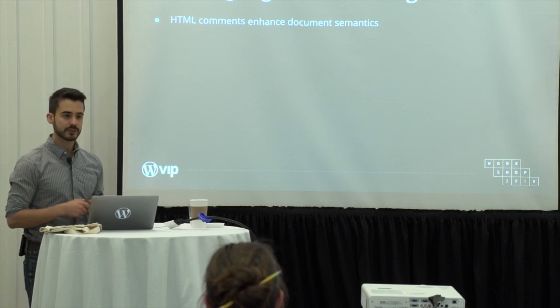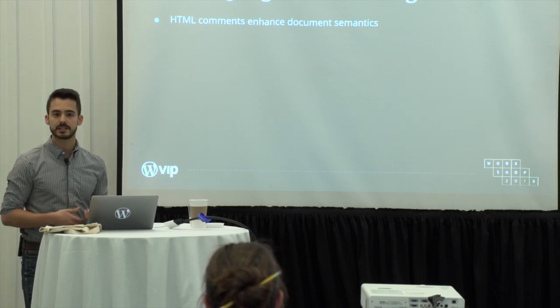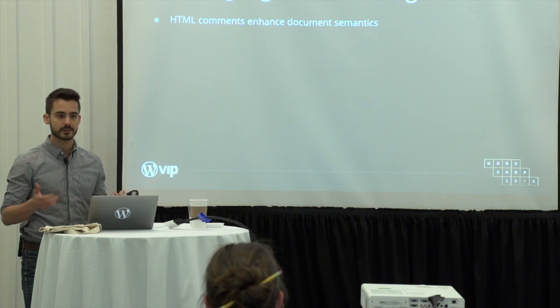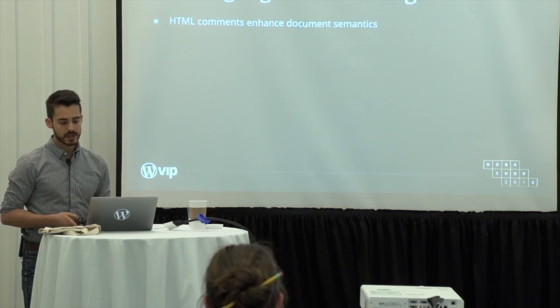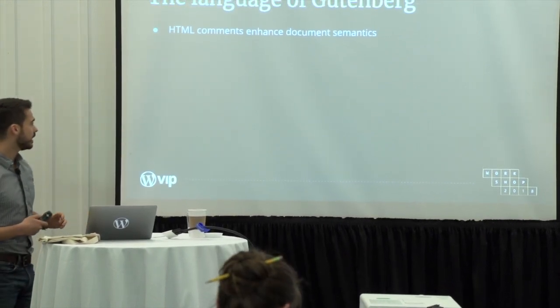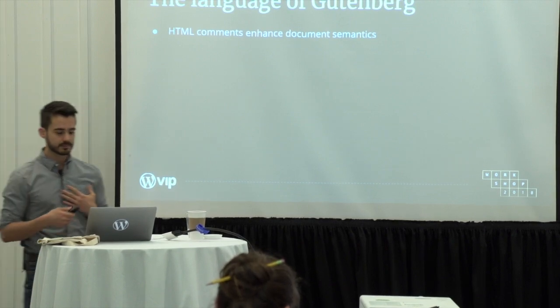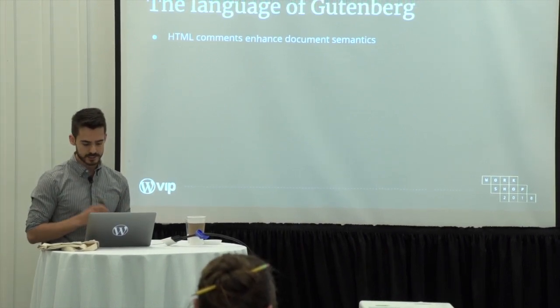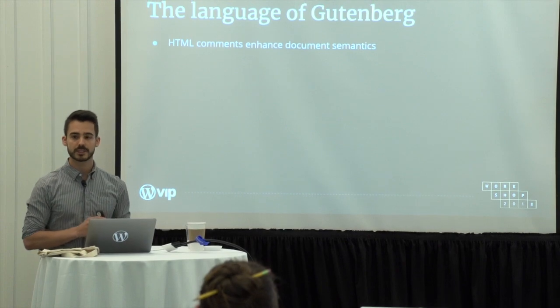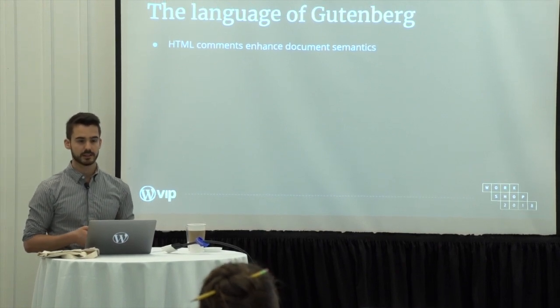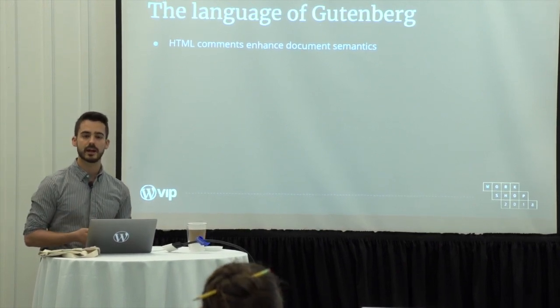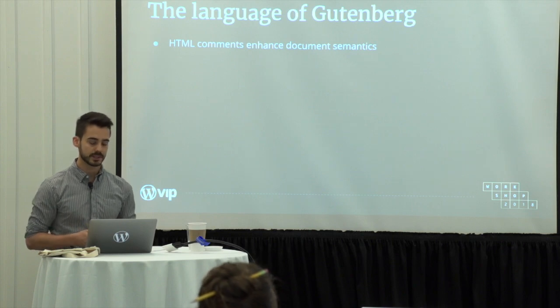Now, this is a trivial example, and the markings may seem frivolous. A P is obviously a paragraph, a quote is a quote. And basically, the thing with Gutenberg is that blocks can carry much more precise meaning. And an example I like to use is, suppose that I have an online cinema database.